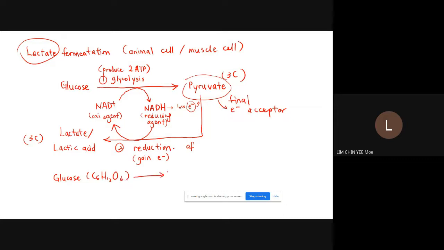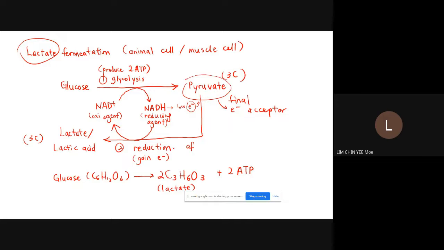Then dia jadi lactate, 3 carbon. Terus ingat, 3 carbon. And then you have to memorize C3H6O3 plus 2 ATP. Balance it. So 2. That's all for lactate fermentation.